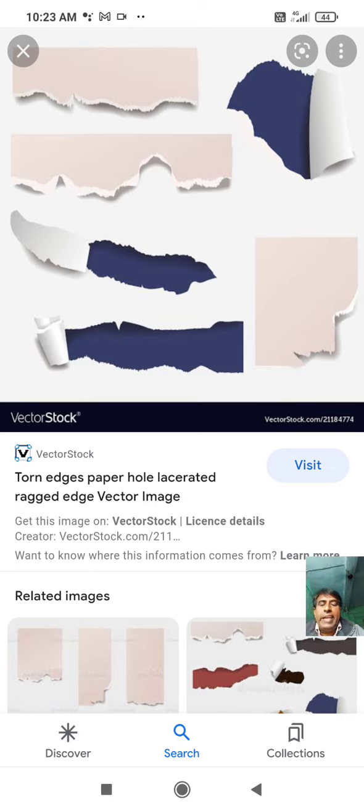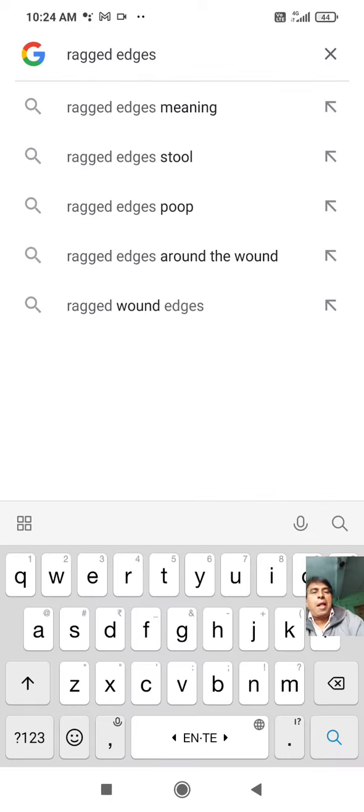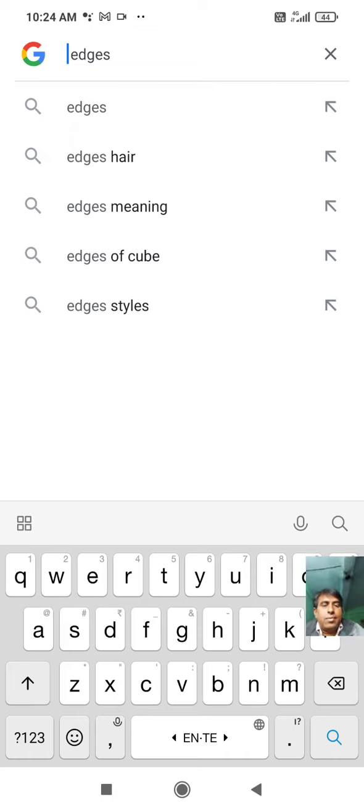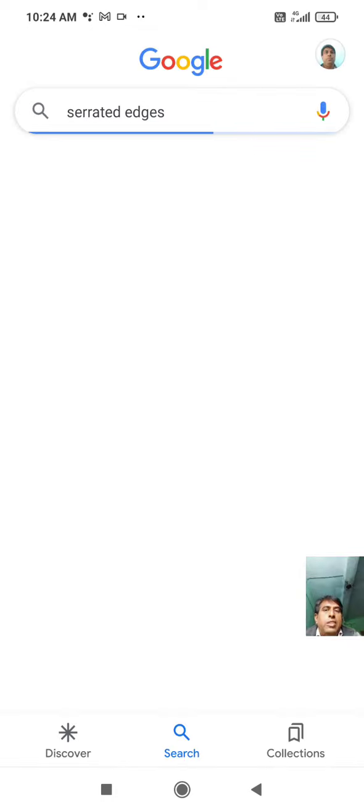So ragged edges means these are the ragged edges. So this is ragging, ragged cloths. And next one is serrated edges.